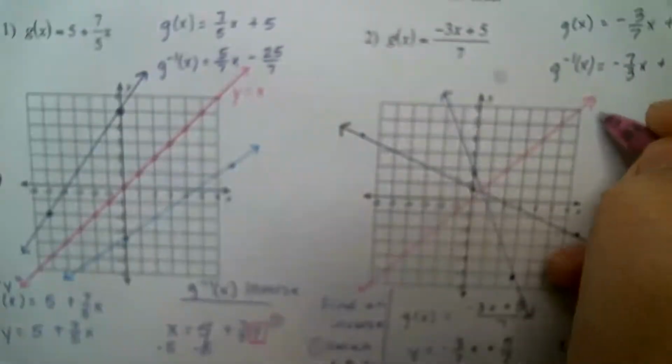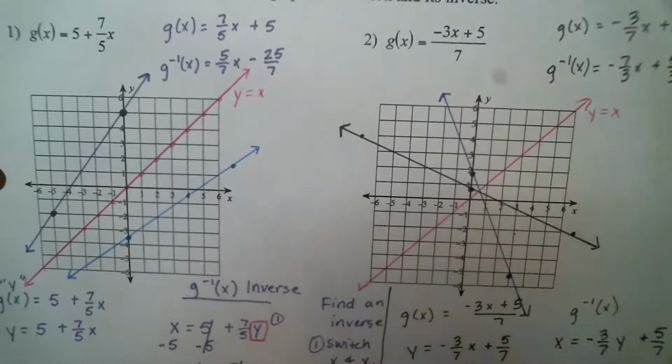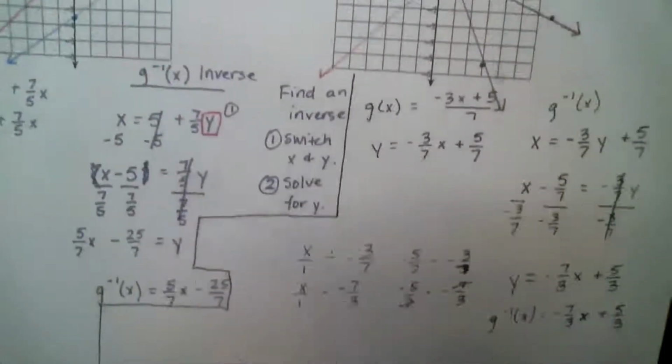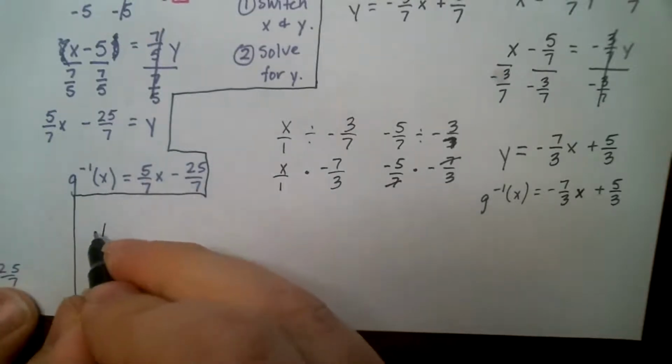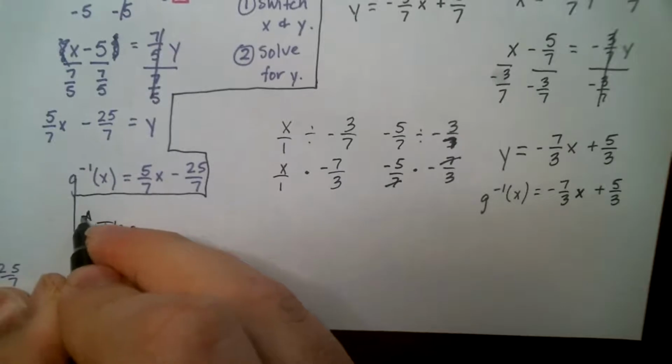Y equals x. So this is a good way for you to check, always check your graph. Does it reflect y equals x? So let's add a little note down here and say this. We'll put a little star here.